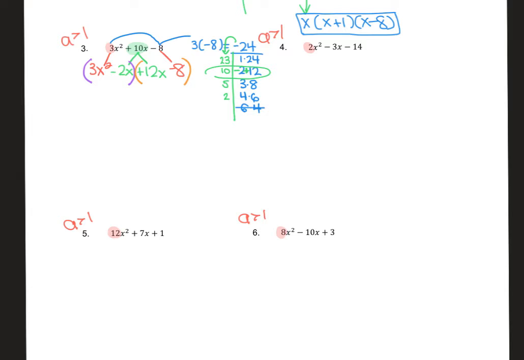Okay, and I make my template. I'm pulling out the GCF from the first 2, and I'm pulling out the GCF from the last 2. It does not matter the way your middle term got split. It will all work itself out in the end.